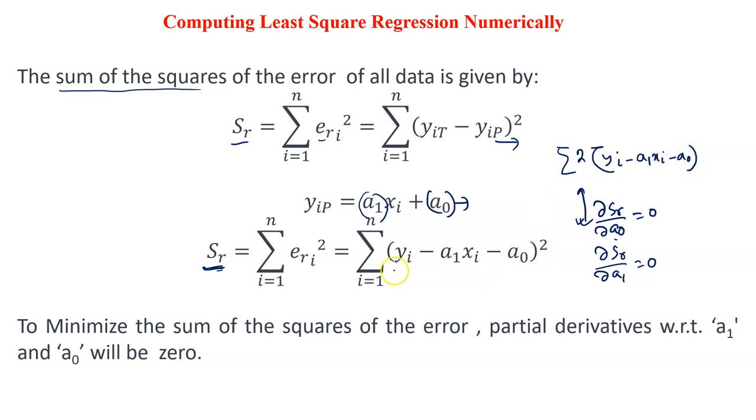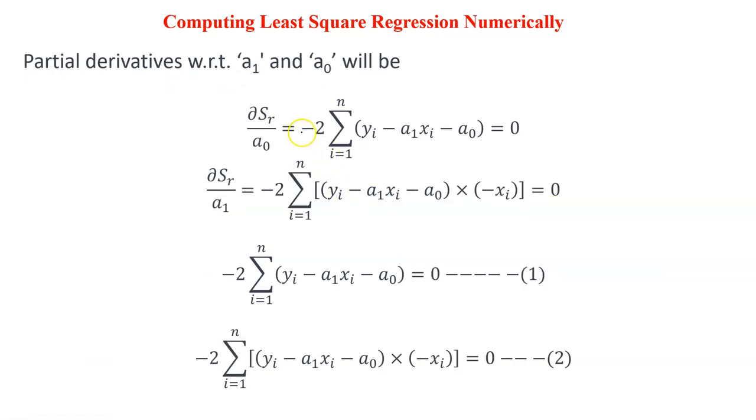Now here, this is an independent variable, and this is also an independent variable. For the partial derivative, this will be 0, and this will be 0. Now dou A0 by dou A0 gives minus 1. Ultimately we get minus 2 summation of I equal to 1 to n, YI minus A1 xi minus A0, equal to 0.